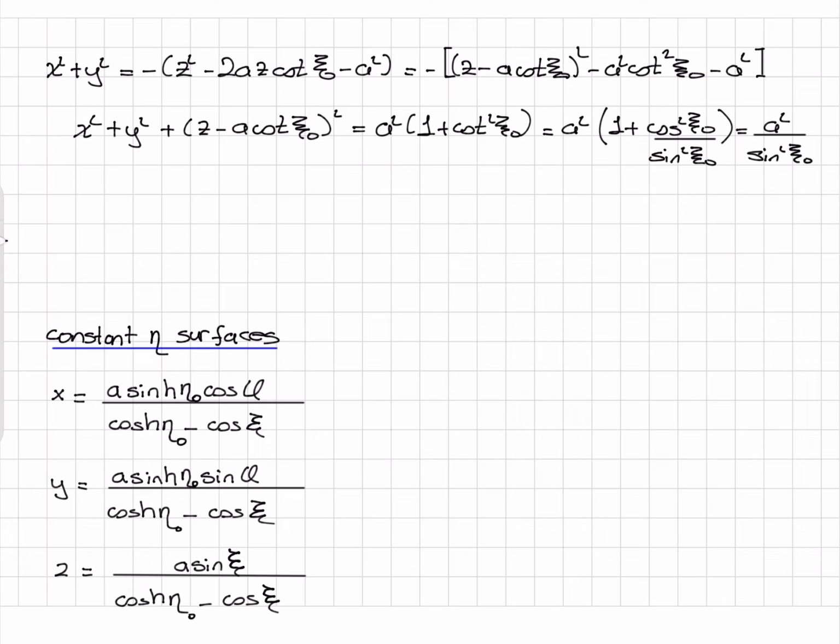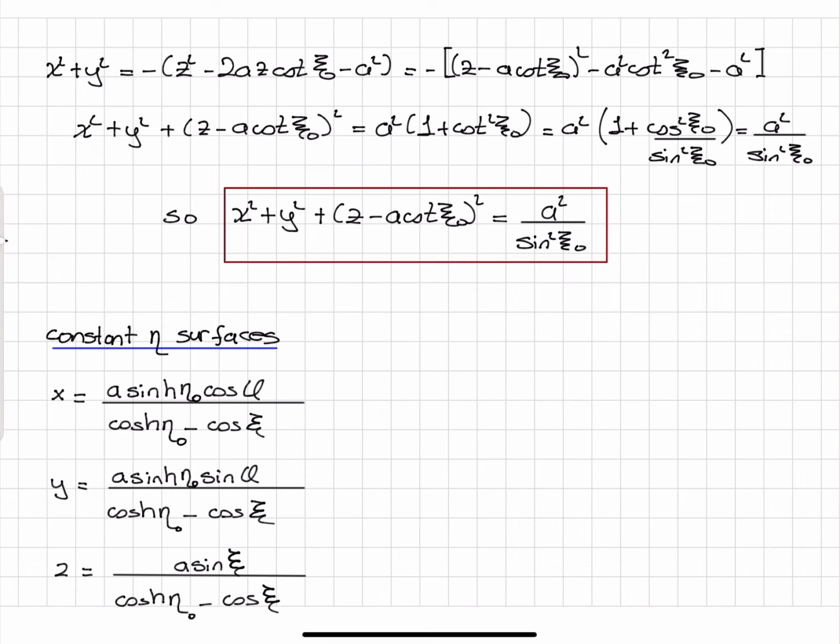Therefore, I obtain the following equation: x squared plus y squared plus (z minus a cotangent psi 0) squared is equal to a squared divided by sine squared psi 0. So what is this equation? This is going to represent a spherical bowl.